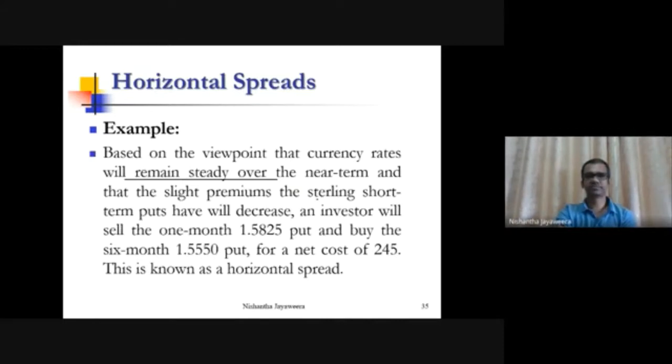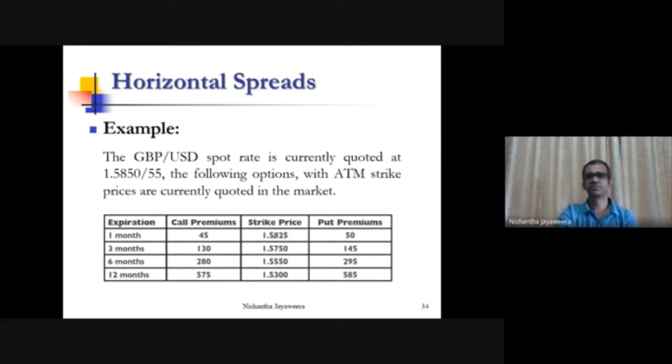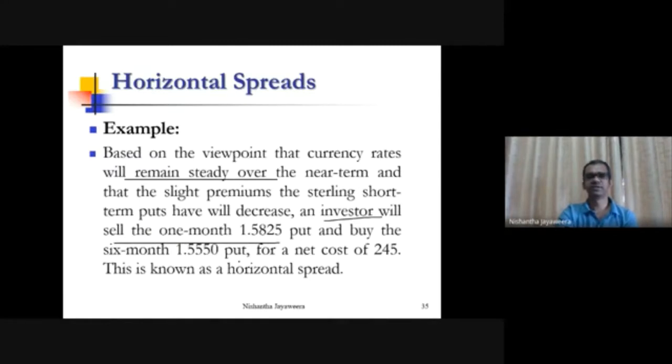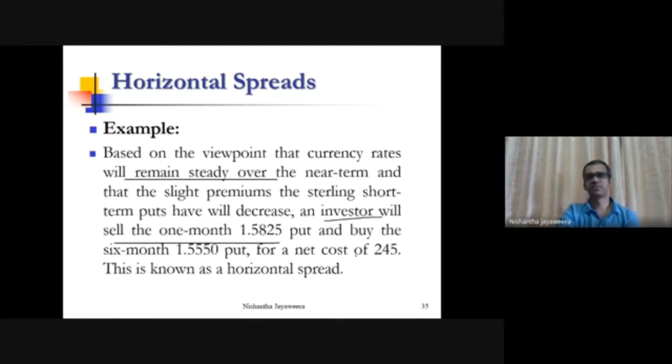So an investor will sell the 1 month 5825 put, sell the put, premium is 50, and buy the 6 month 15550 put, to 95 for a net cost of 240.